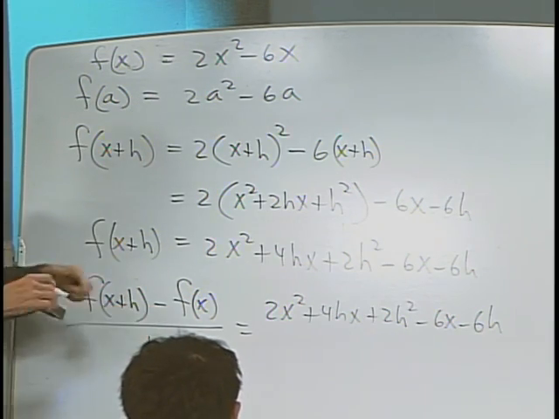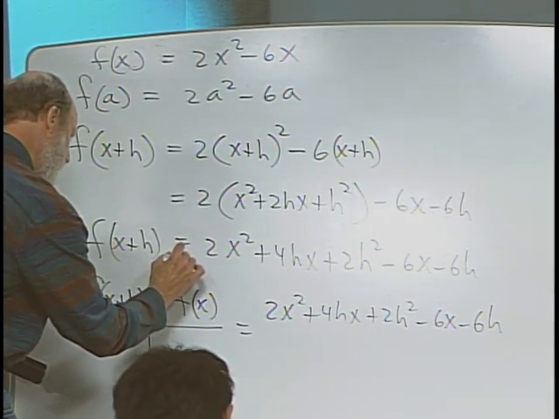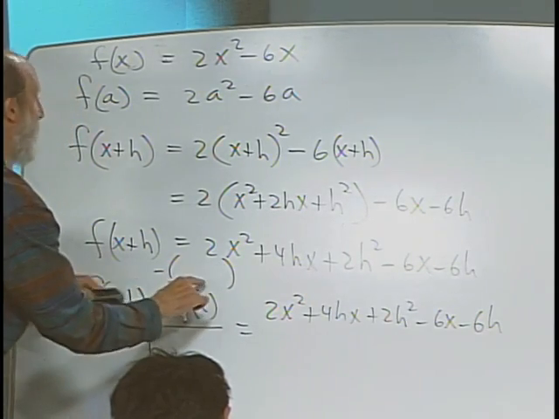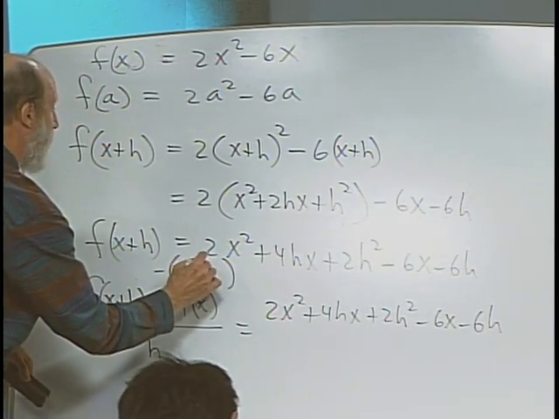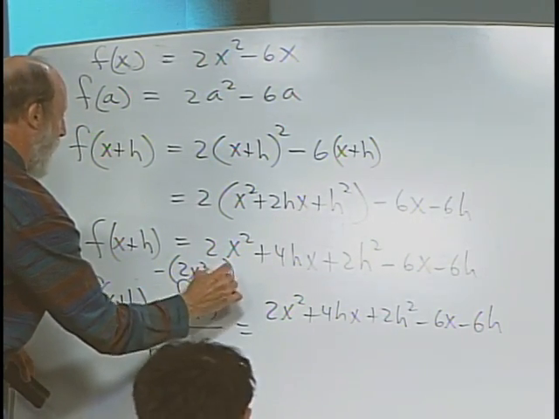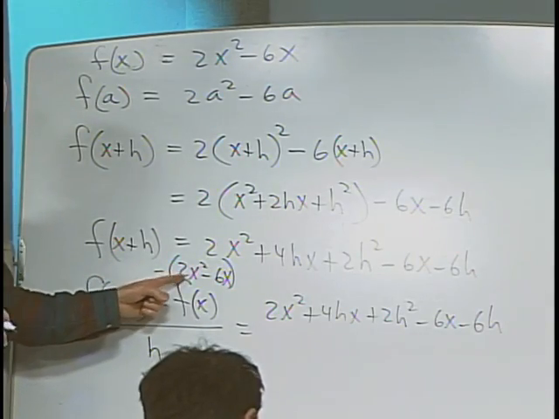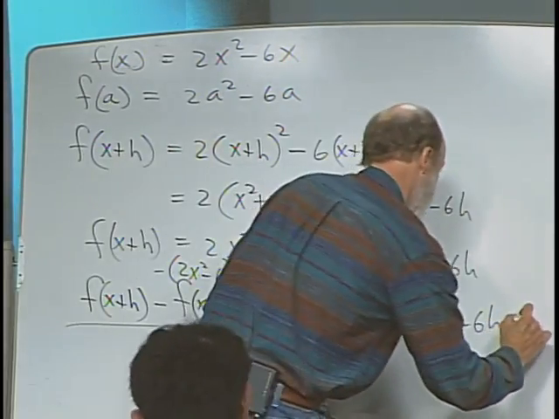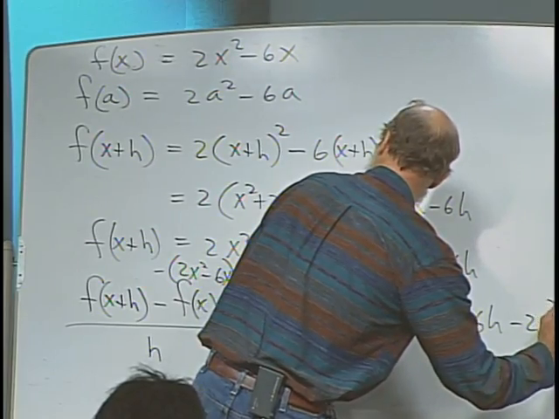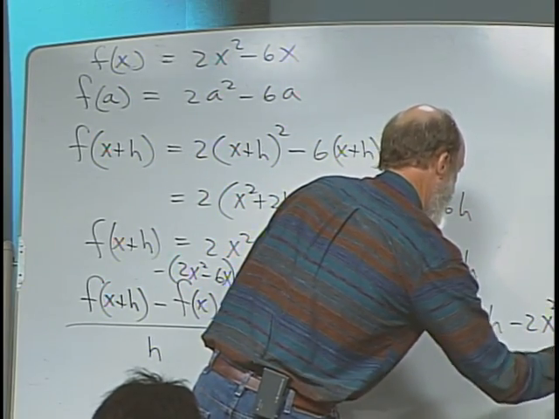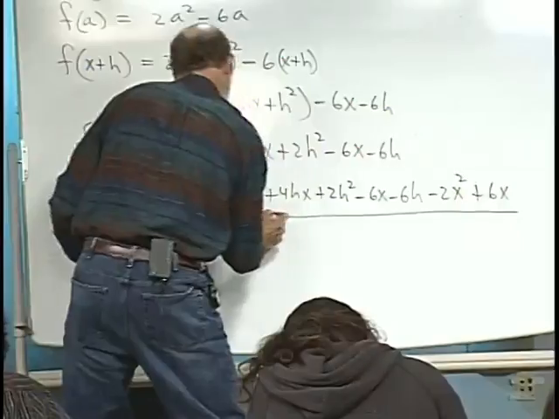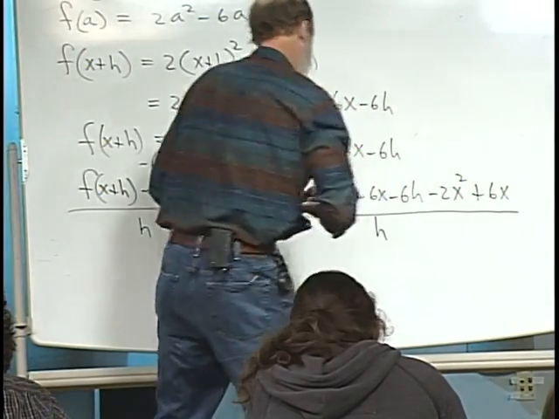So be careful. When we do the subtraction here, folks, we're subtracting the quantity 2x squared minus 6x. So that becomes minus 2x squared plus 6x. And that whole numerator is divided by h.